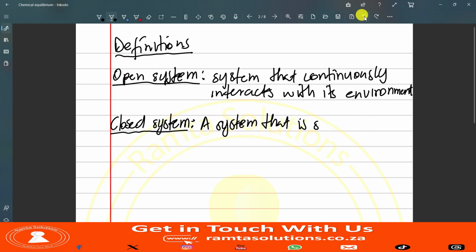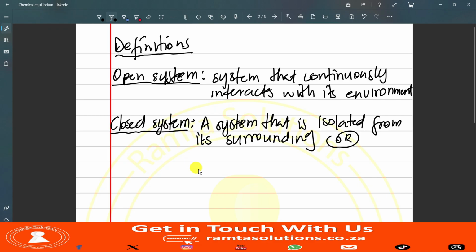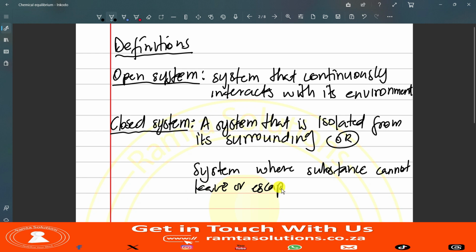Again, you can use the definition that says it is a system where substances cannot leave or escape the container.